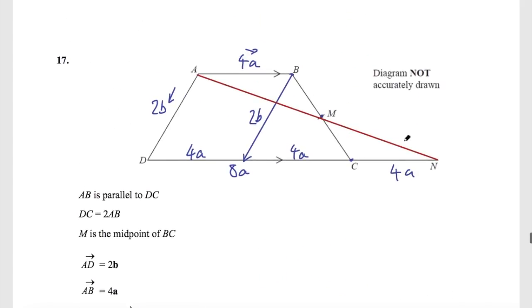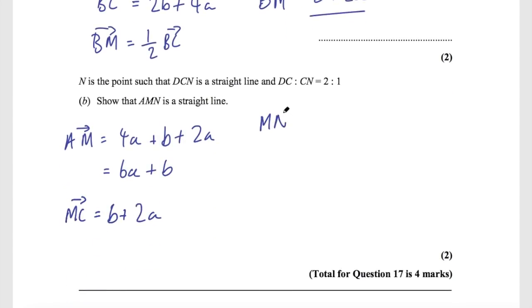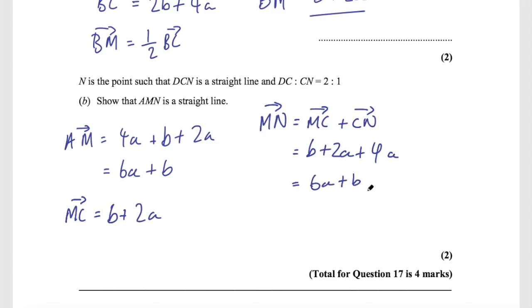And from M to N, well, that will be MC plus CN. So MN will equal MC plus CN. So this is going to be b plus 2a plus 4a. So this is going to be 6a plus b.